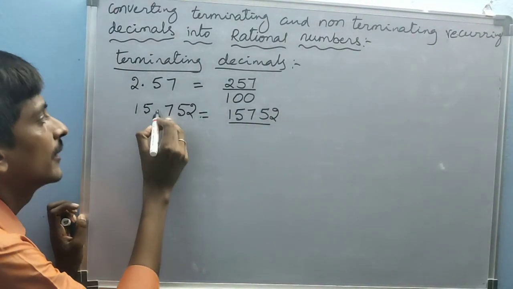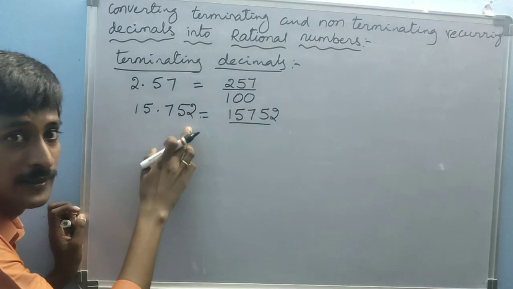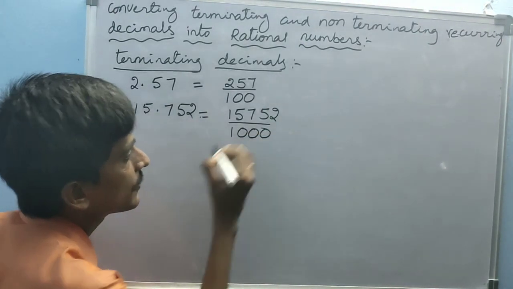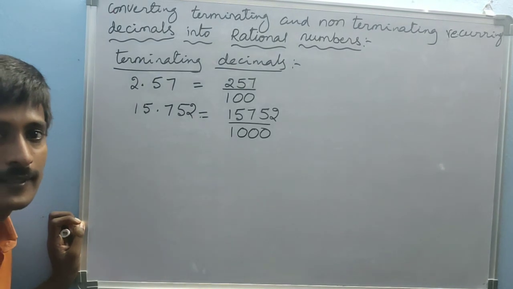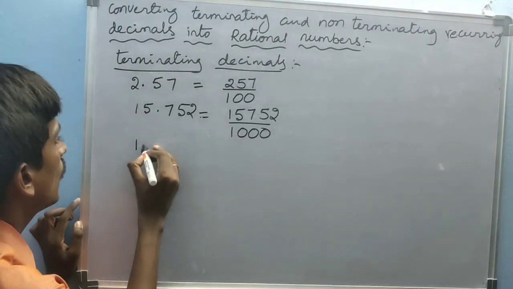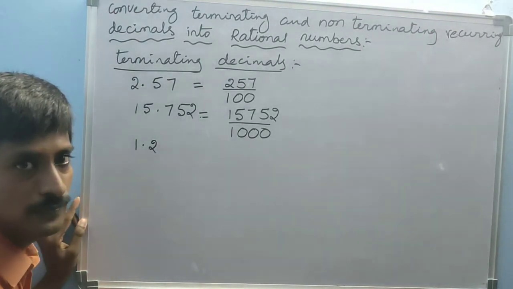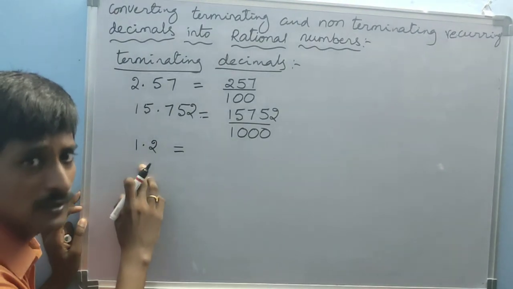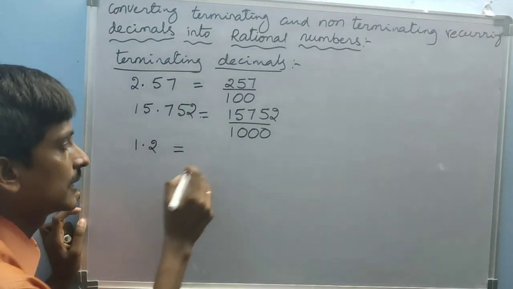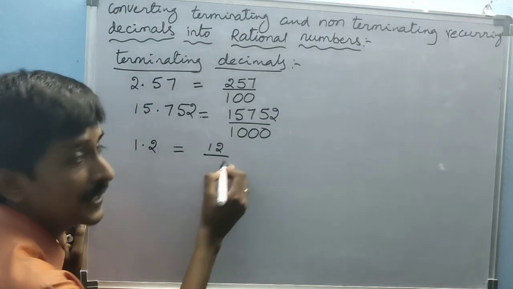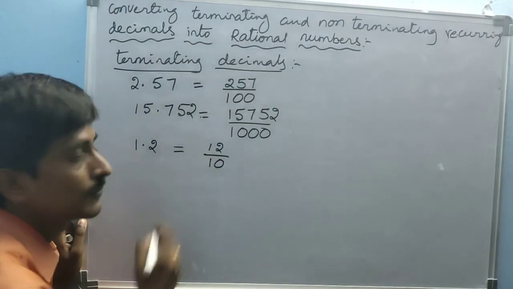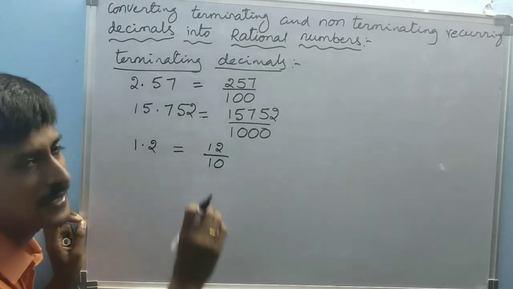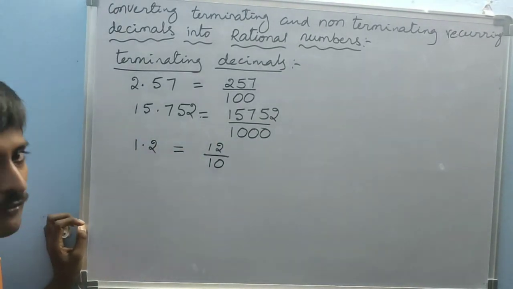How many digits after the decimal point? Three digits. So you keep three zeros in the denominator. Next, 1.2. How many digits after the decimal point? Only one digit. So 12 by 10. That's it. This is the simple conversion of a terminating decimal into a fraction.